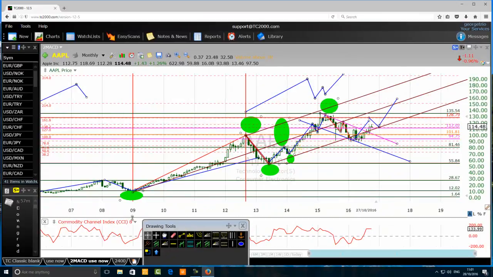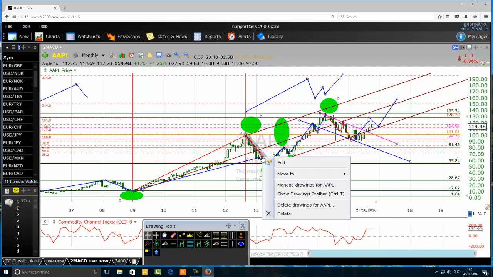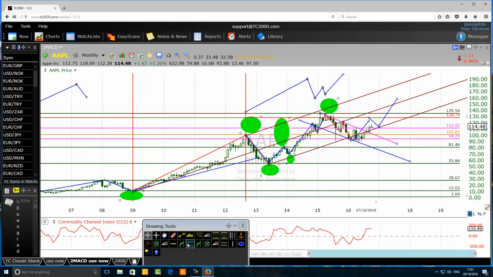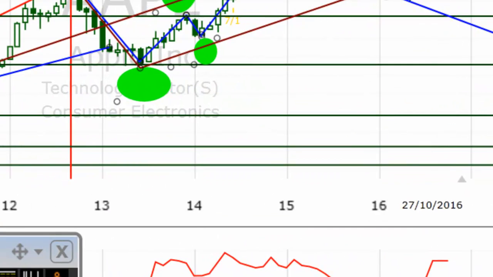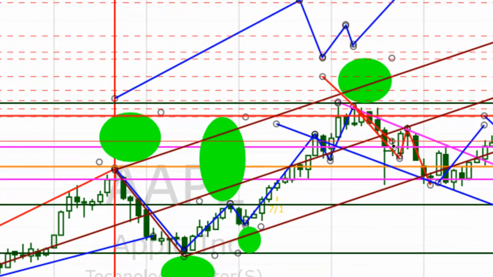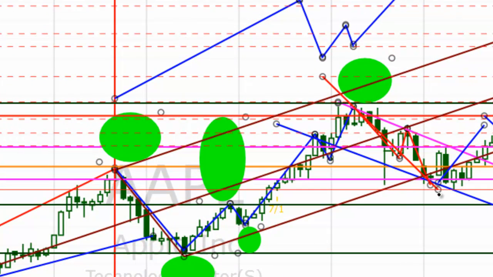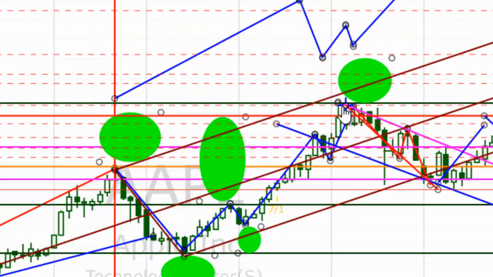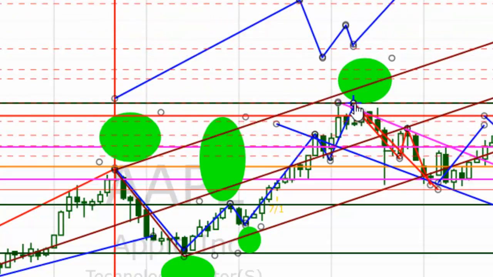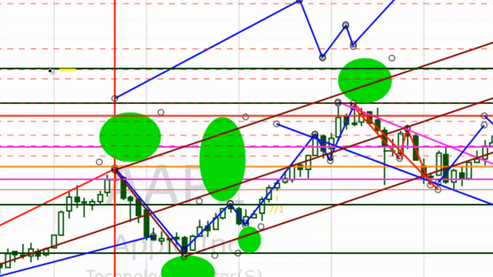I need to remove one of my Fibonacci tools. You see, what we are doing here is a bit of multi-talented trading. You need to understand more things. So I'm using the Fibonacci crab pattern, and I'm using Elliott wave flat correction.